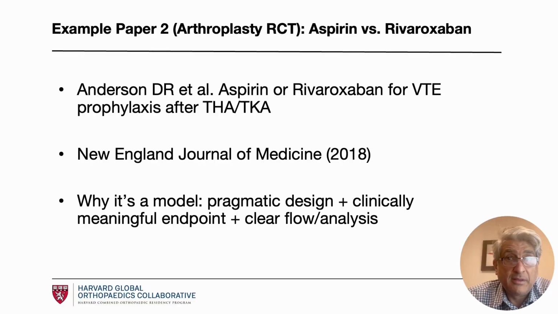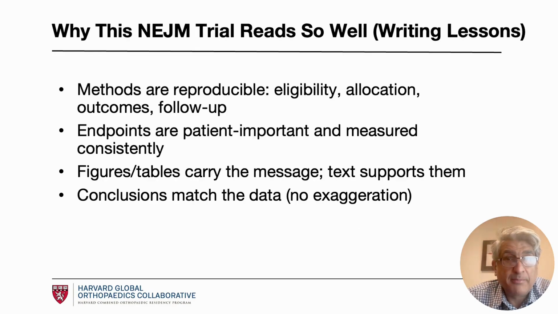You need to learn how to write succinctly: short sentences, active voice, minimum jargon. Why is this trial so easy to read? It's a great writing lesson because the methods are reproducible.